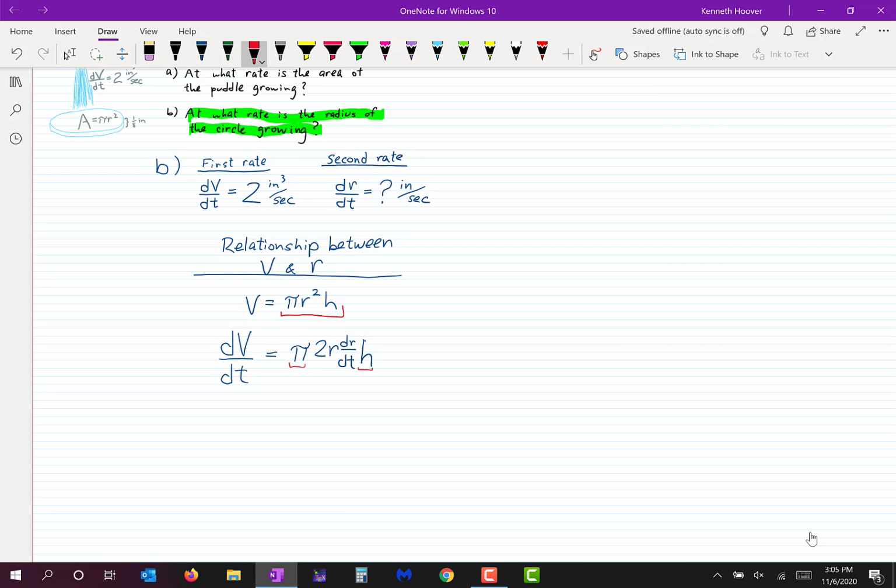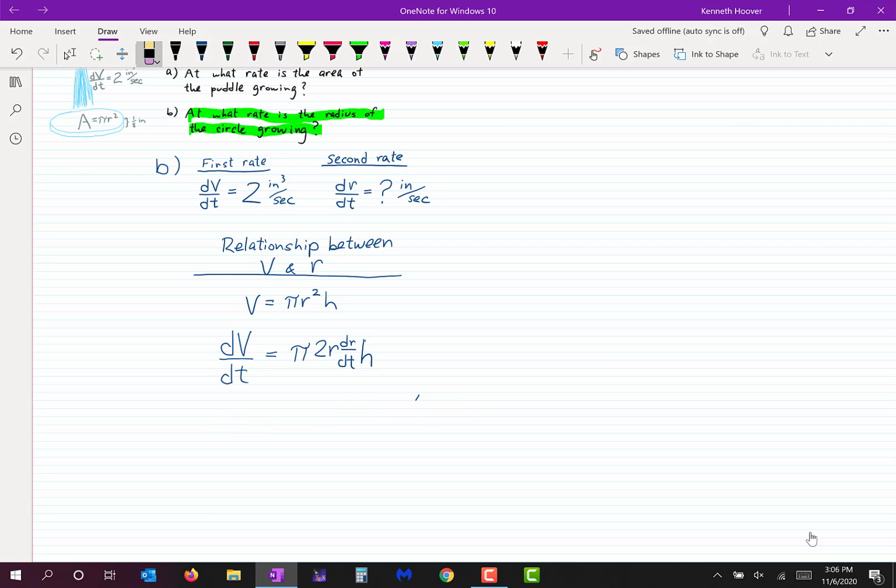But the derivative of r squared would be 2r times the derivative of r. Right? Remember from implicit differentiation? You might prefer to write V prime of t equals pi times 2r r prime times h. Okay.